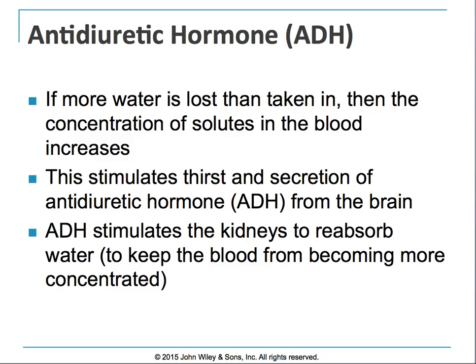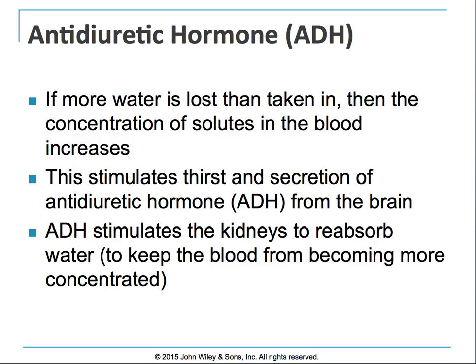Antidiuretic hormone, or ADH. If more water is lost than taken in, then the concentration of solutes in the blood increases. This stimulates thirst and secretion of antidiuretic hormone, or ADH, from the brain. ADH will then stimulate the kidneys to reabsorb water to keep the blood from becoming more concentrated.